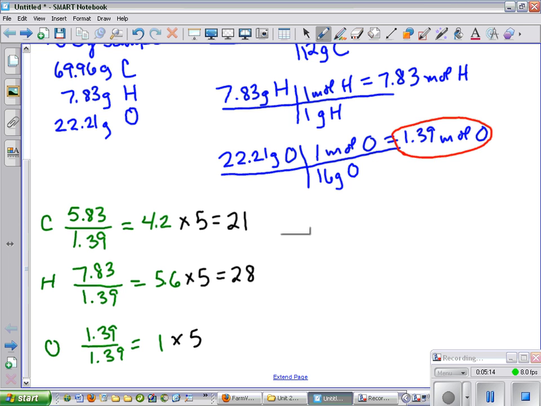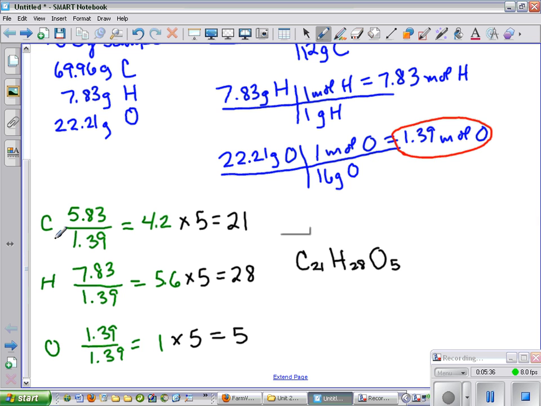And 1 times 5 is 5. This would suggest that the formula is C21H28O5.